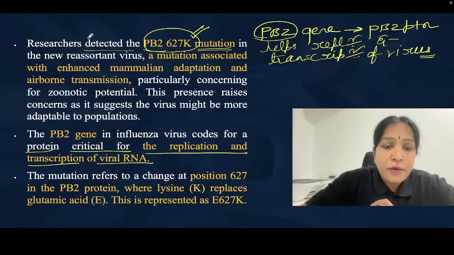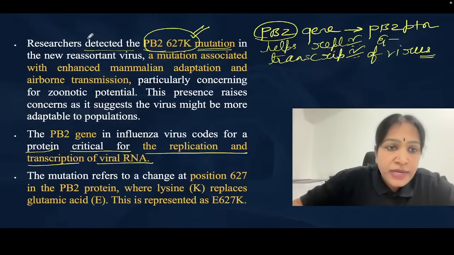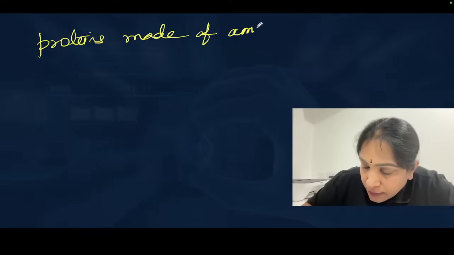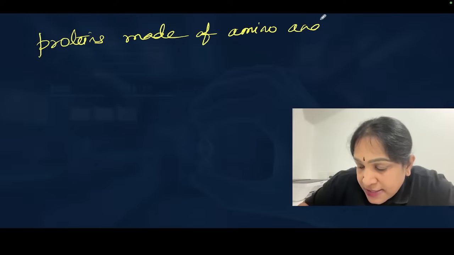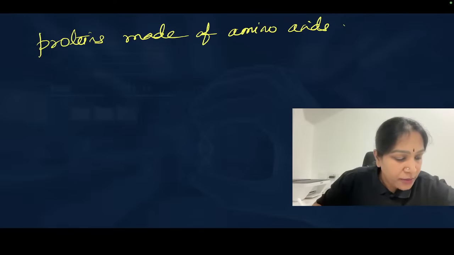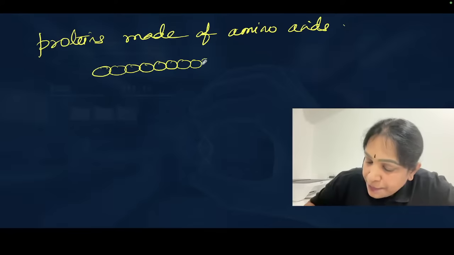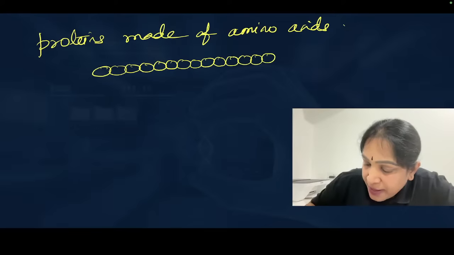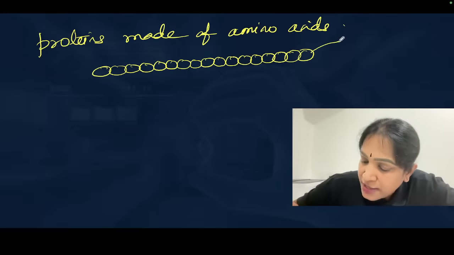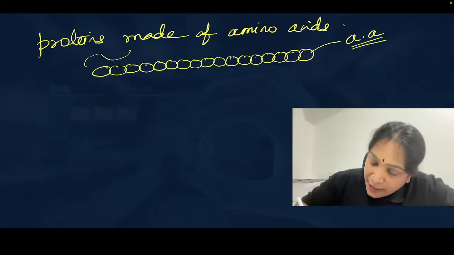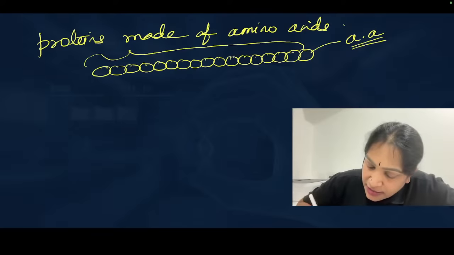So, in the PB2 protein, I hope you all know that proteins are made up of amino acids, isn't it? Amino acids are the building blocks of proteins. Let us suppose this is a chain of amino acids. Let us assume each ball is an amino acid and this complete chain is a protein.